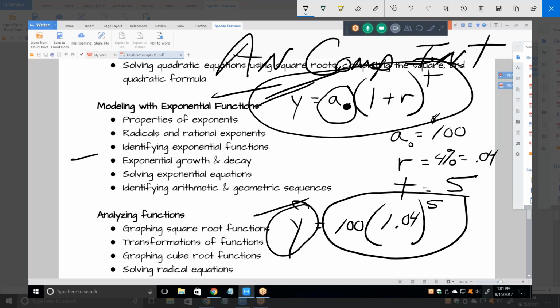And I'm not going to go into it because it gets more complex and I don't think you need to know it to start geometry. It doesn't come up in geometry. But they are certainly possibly liable to ask you about annual compounding.